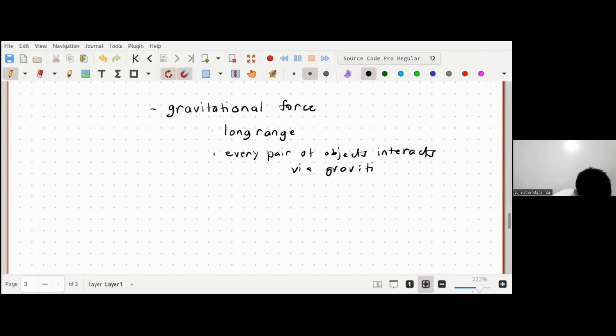Si Newton, ang pinostulate niya, within the limits of accuracy hanggang siguro early 20th century, it works out na if you have two point particles, two objects with different masses, M1 and M2, they will attract each other with equal and opposite forces.